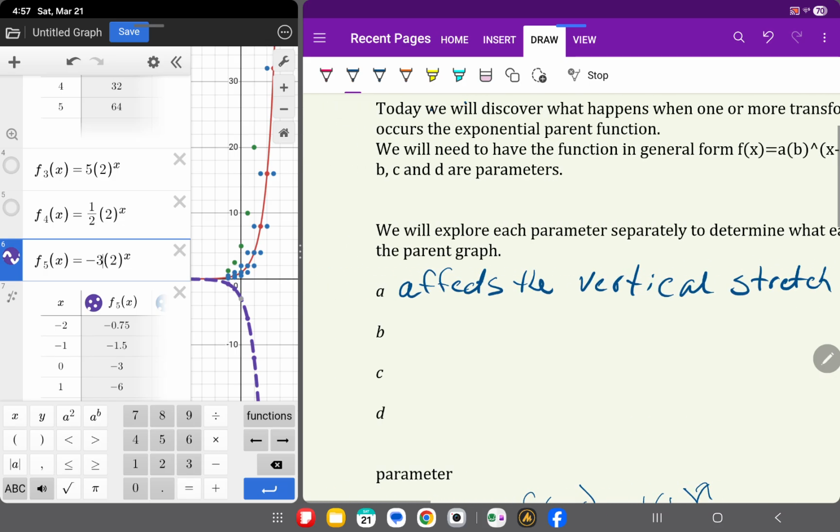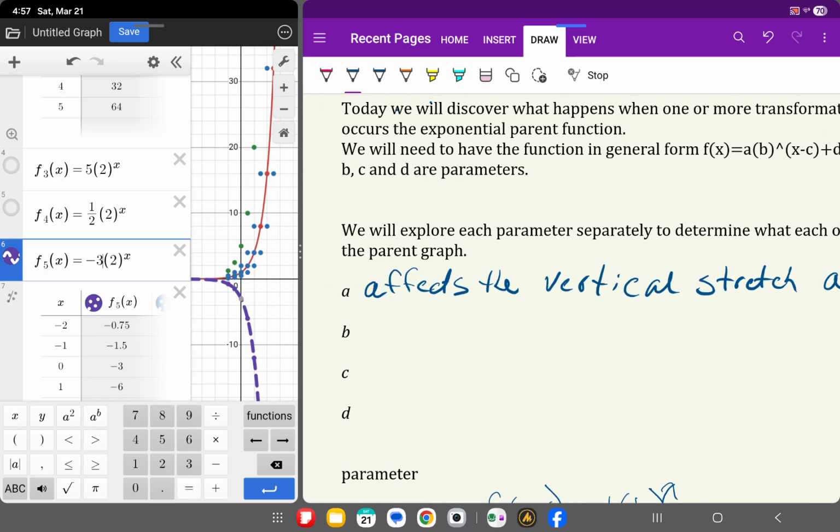All right. We already know what parameter B does. Parameter B in the previous video, if B is greater than 1, it is going to be growth. We're going to have exponential growth, okay?